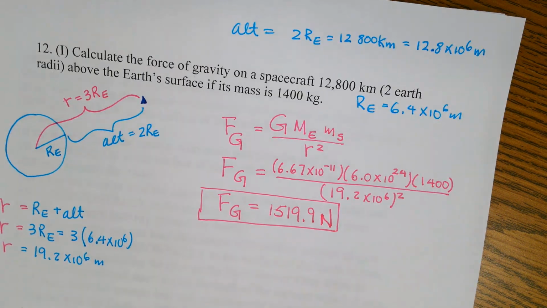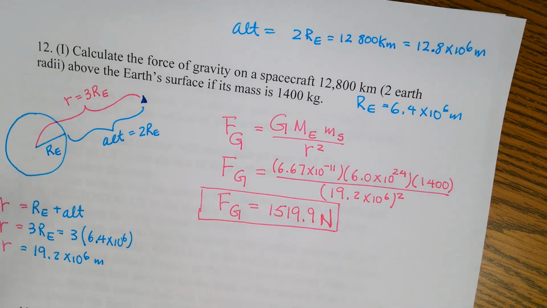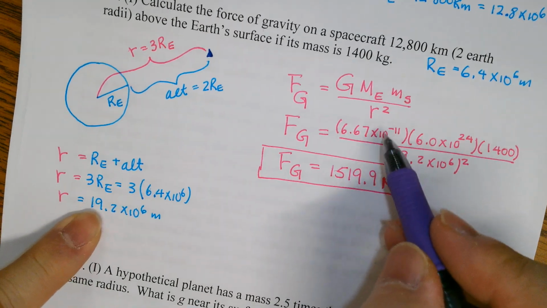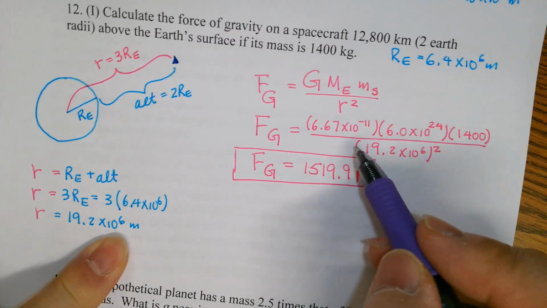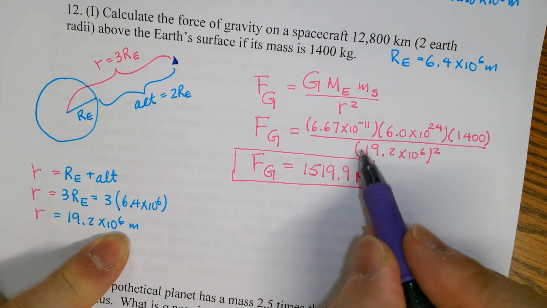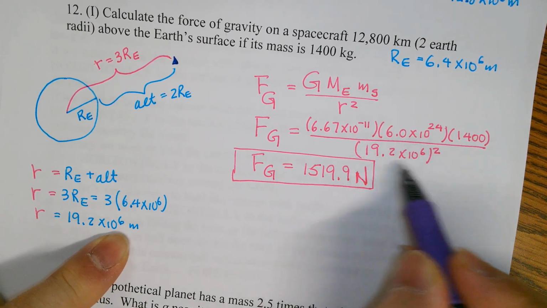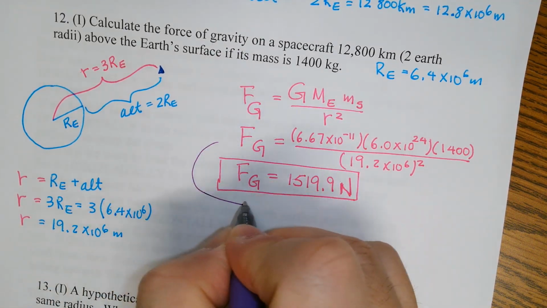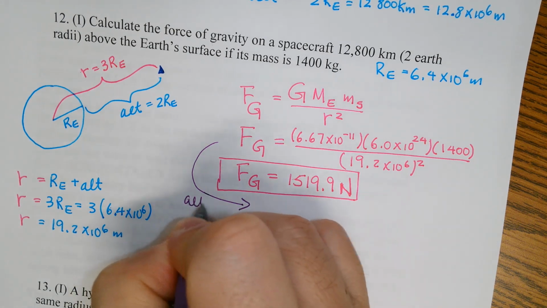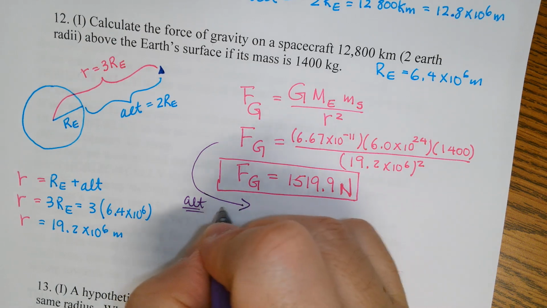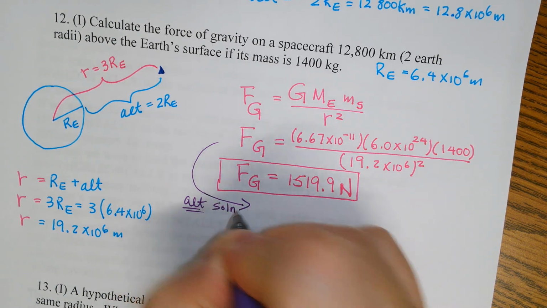Now, I just want to show you the significance of this. Instead of plugging in this R value as 19.2 times 10 to the 6, let's put this as 3RE. Alternate solution.